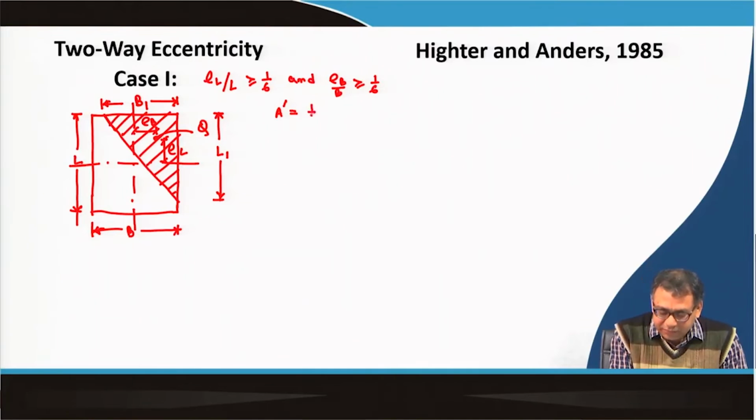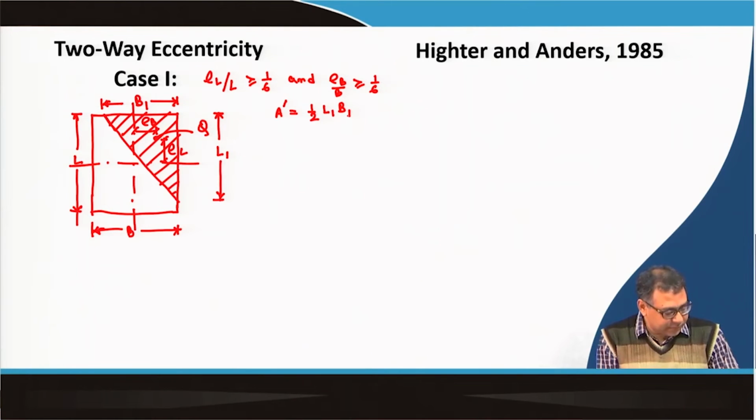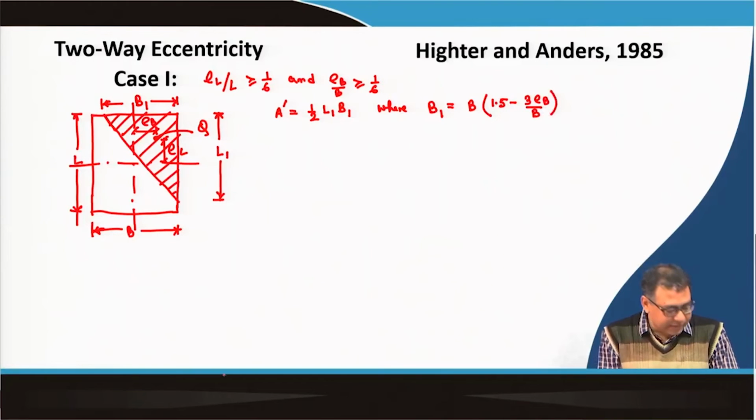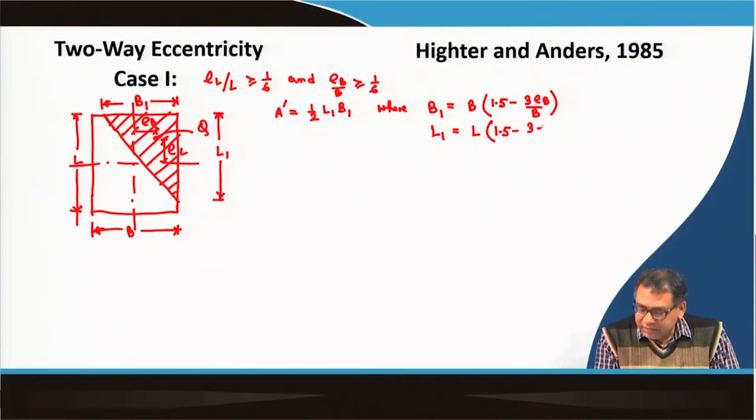So, this will be half L_1 into B_1, where B_1 I can calculate using the expression B_1 = B(1.5 minus 3 e_B by B). Remember that. And L_1 I can calculate by L_1 = L(1.5 minus 3 e_L by L).